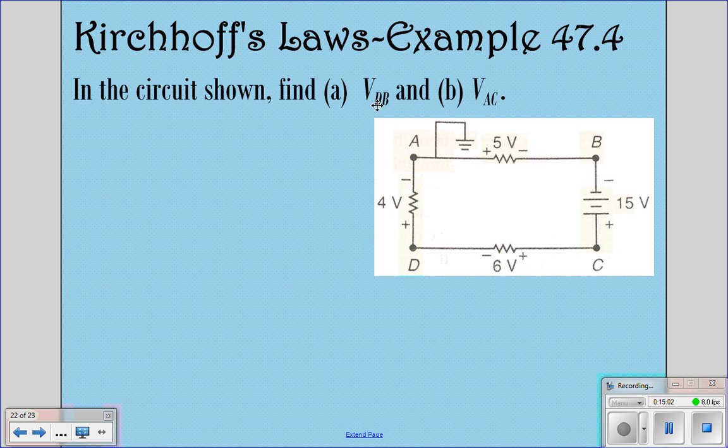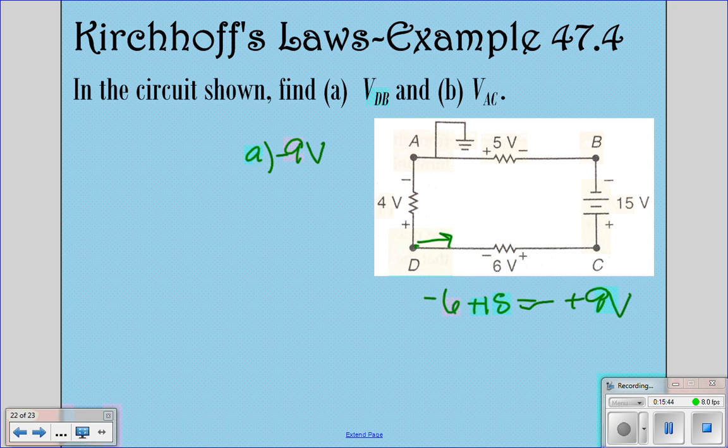So we're going to go from D to B. So we're going to start here, and to get to B, we are going to go this direction from D to B. And so if we go this direction, we're going to get a -6. And then if we keep going around, we're going to have a +15. So we have a -6 and then +15, and so that gives us a +9 volts. So for part A, you get 9 volts.